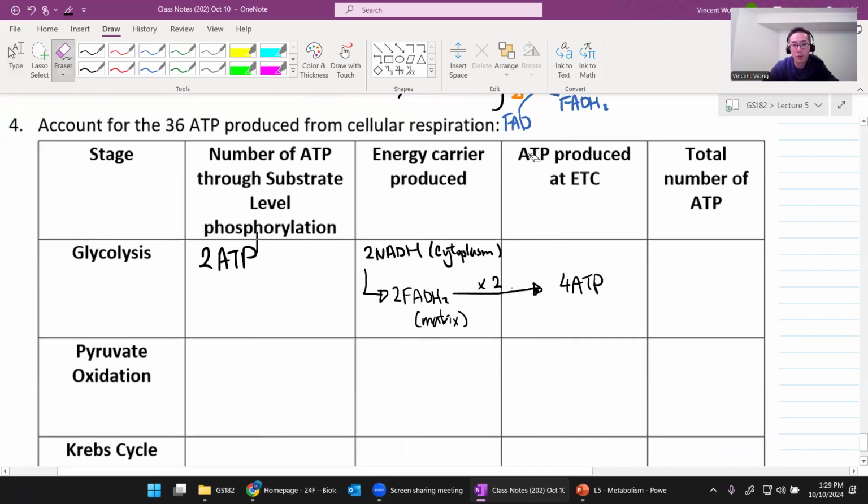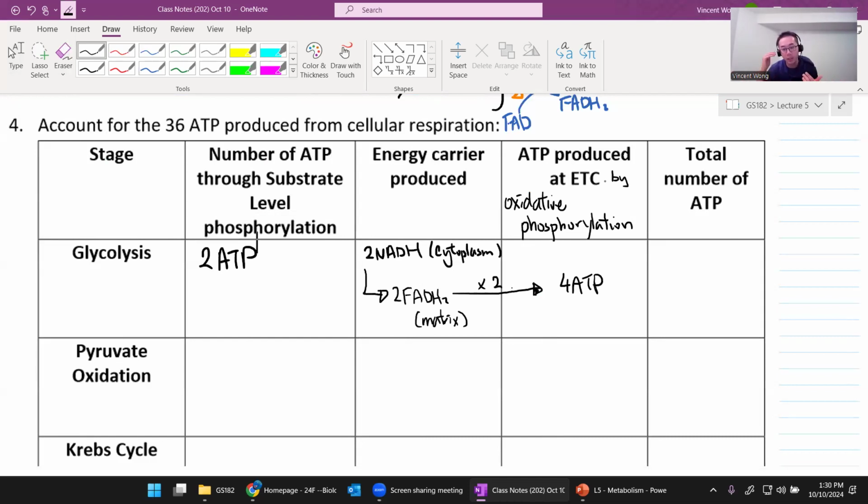Okay, so ATP produced at the ETC, I should add, is by the process of oxidative phosphorylation. Again, phosphorylation is a big word, but all that means is adding phosphate onto something.